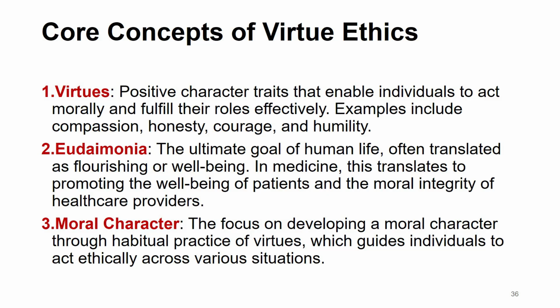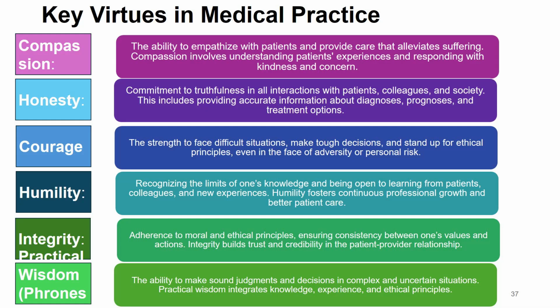The moral character, next one, the focus on developing a good moral character through habitual practice of virtues, which guides the individuals to act ethically across various situations. The key virtues in medical practice are compassion, honesty, courage, humility, integrity, and practical wisdom, also called phronesis.